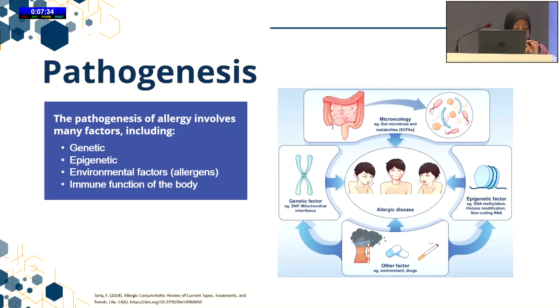Allergies are influenced by genetic, epigenetic, environmental, and immune system factors. The gut microbiota also plays a role in regulating immune responses to allergens. This complex interaction contributes to ocular allergies, allergic rhinitis, and asthma.